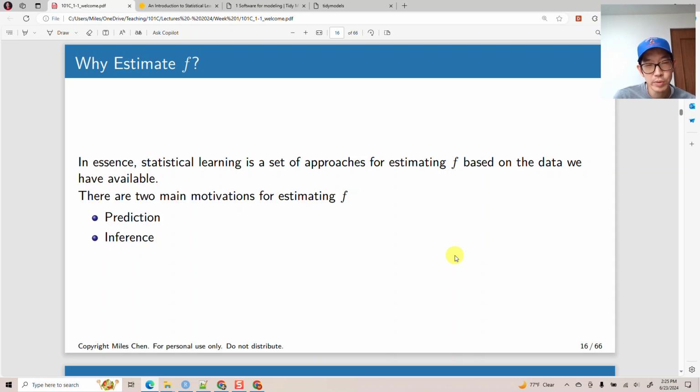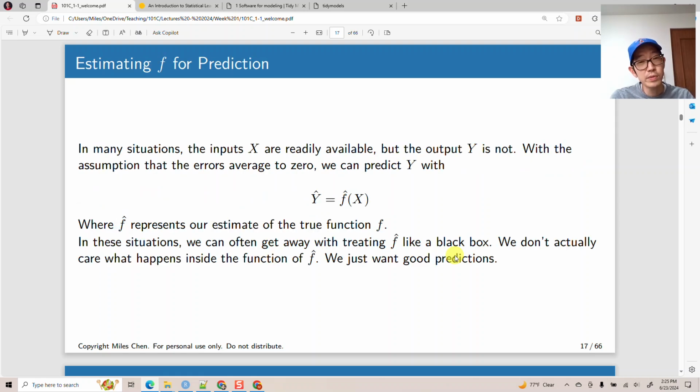The real goals are trying to make better predictions, or trying to learn something, to do some inference about the relationship between x and y. Depending on which of these goals, prediction or inference, is more important, will influence the choice of model or approach that you're going to use.